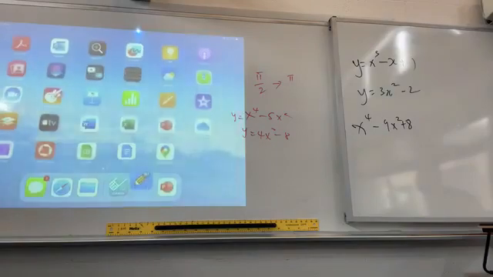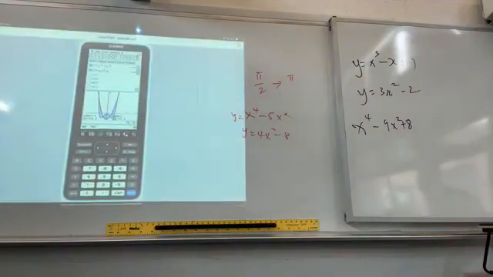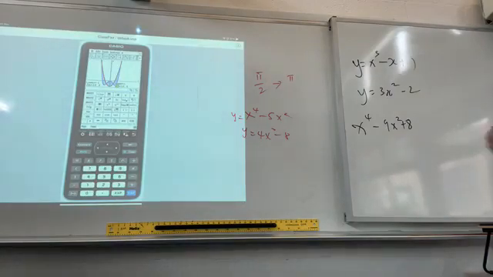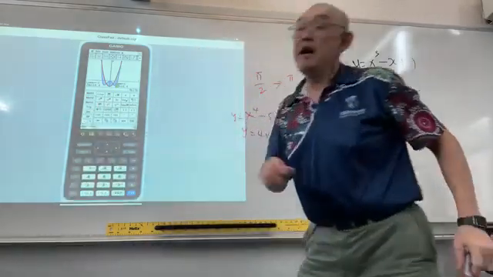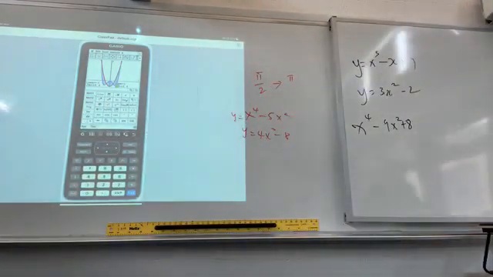In your ClassPad, you could use the keyboard, that sign here. This is absolute value. I think you can also use ABS.